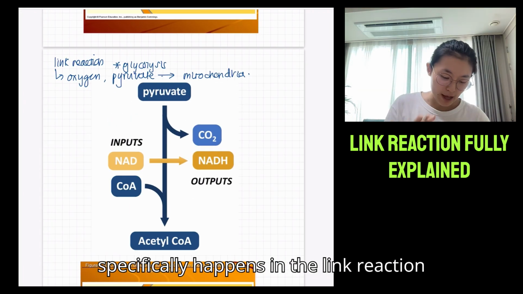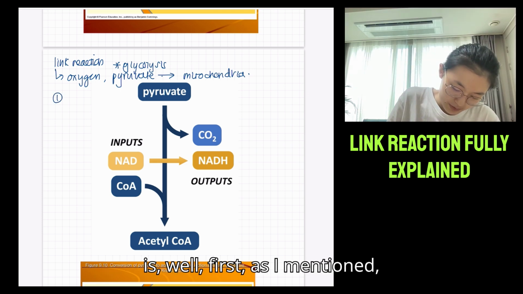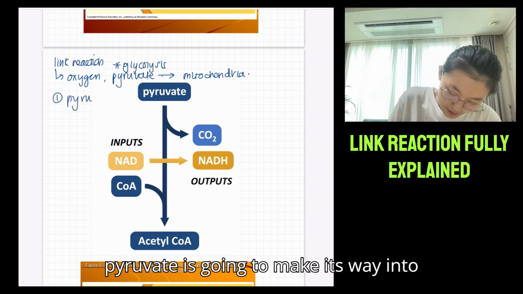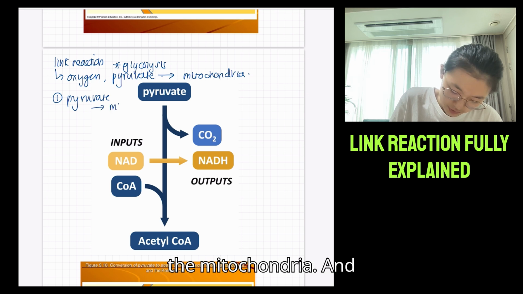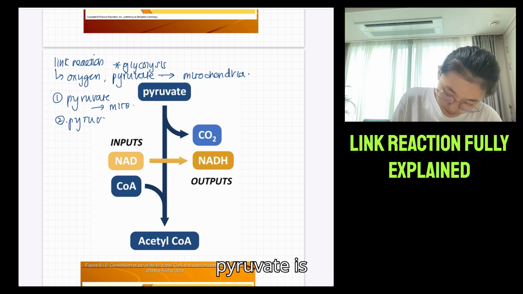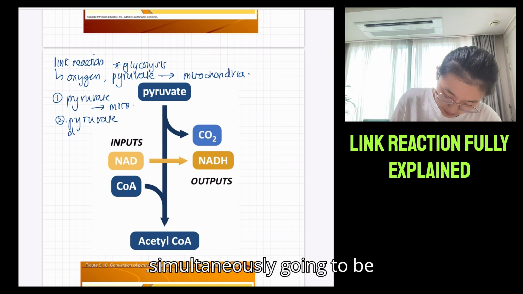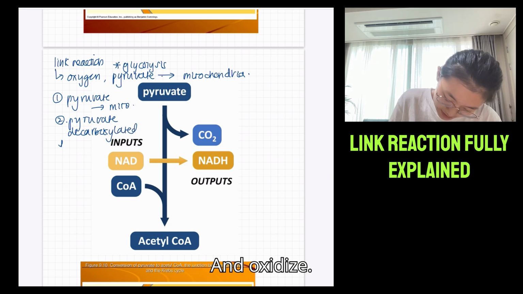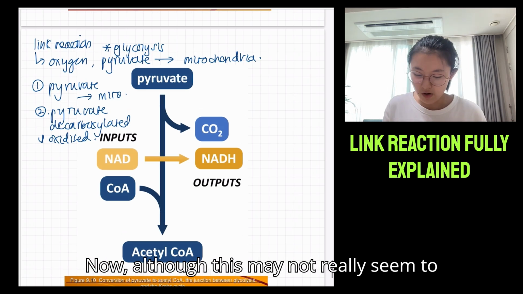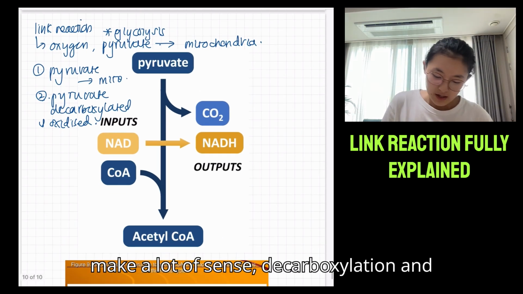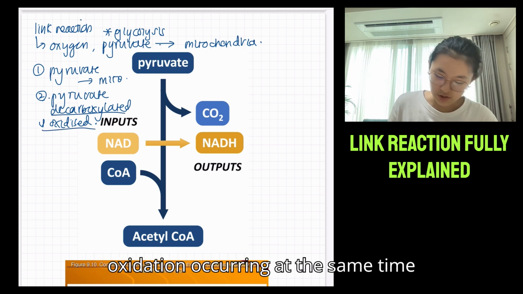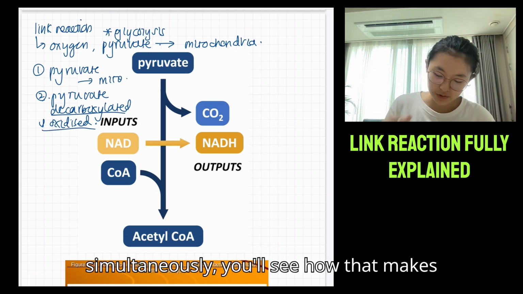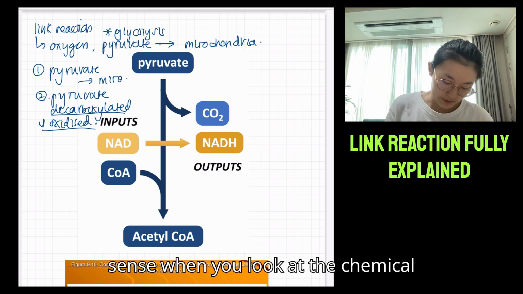Now, what specifically happens in the link reaction is, first, as I mentioned, pyruvate makes its way into the mitochondria, and pyruvate is simultaneously going to be decarboxylated and oxidized. Although this may not seem to make a lot of sense, decarboxylation and oxidation occurring at the same time, you'll see how that makes sense when you look at the chemical equations.